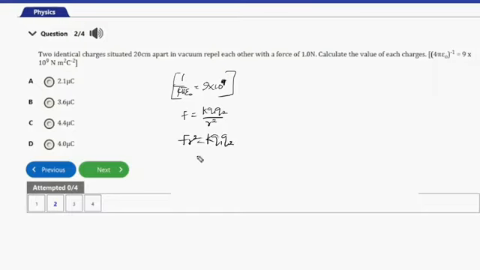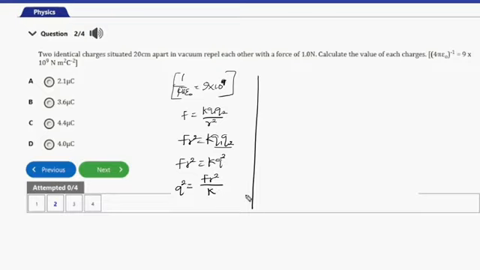But since the charges are identical, Q1 is equal to Q2. So we can rewrite this as FR squared is equal to KQ squared. At this point, to find Q squared, it will be FR squared over K.